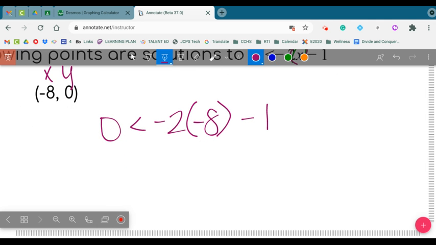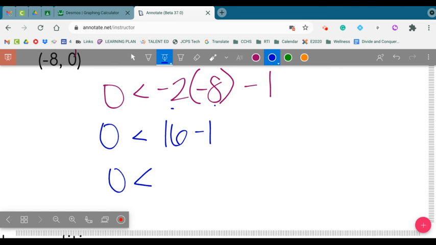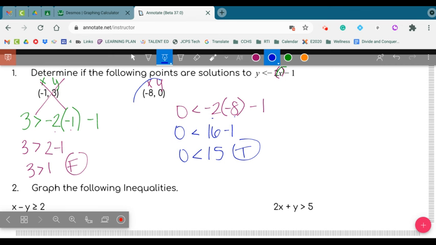Then we're going to simplify. So 0 stays the same. -2 times -8 is going to give me a +16, and then minus the 1. So we're going to have 0 is less than 15. Is that true? Yes. So that means (-8, 0) is a solution.